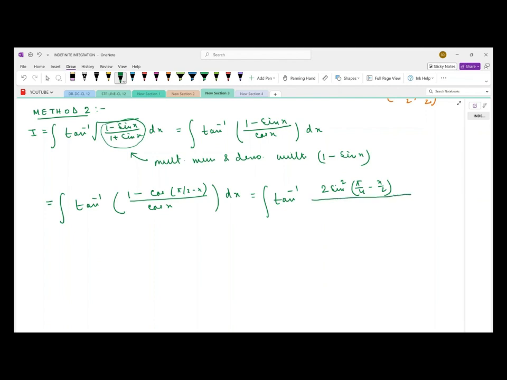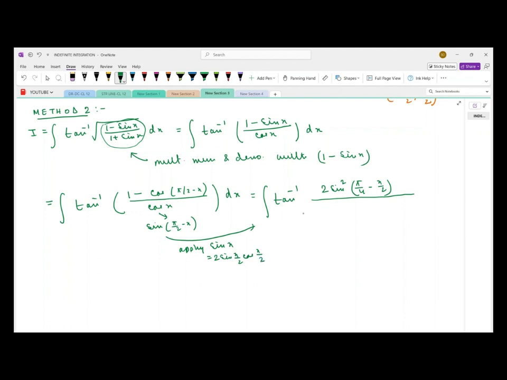Now, if I don't change this, then I come to a dead end right here. Whereas, if you change this, in this very step, to sine of (pi by 2 minus x), then you apply the formula sin x equal to 2 sine x by 2 cos x by 2.